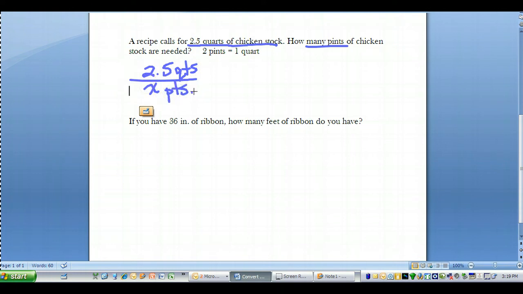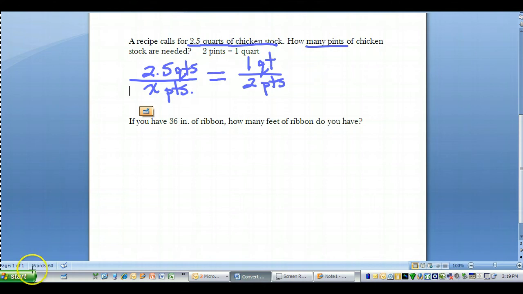Okay. Well, the nice thing about this is they tell us 2 pints equals 1 quart. So where should the pints go? Pints are on the bottom. So 2 pints and quarts is on the top. There we go. My proportion is done. I've got pints and pints, quarts and quarts. I don't need to change anything, so I can just crisscross multiply, divide by the lonely guy.